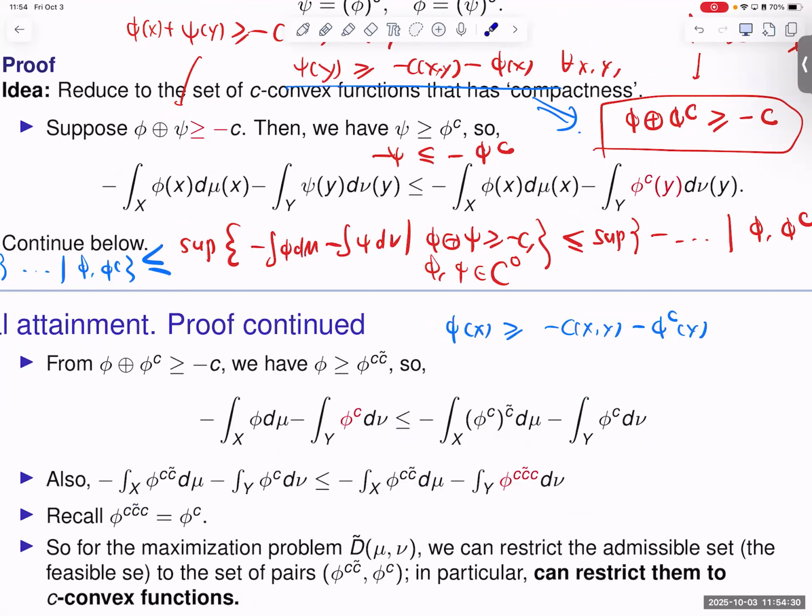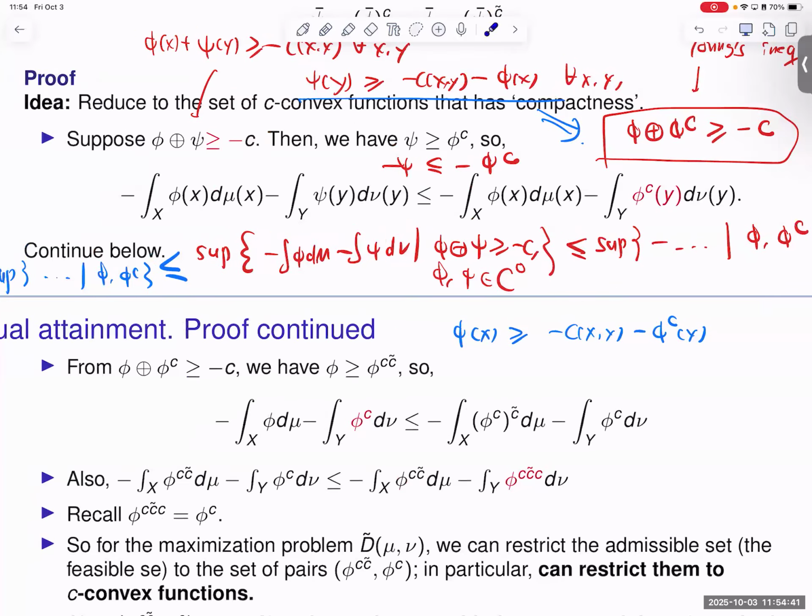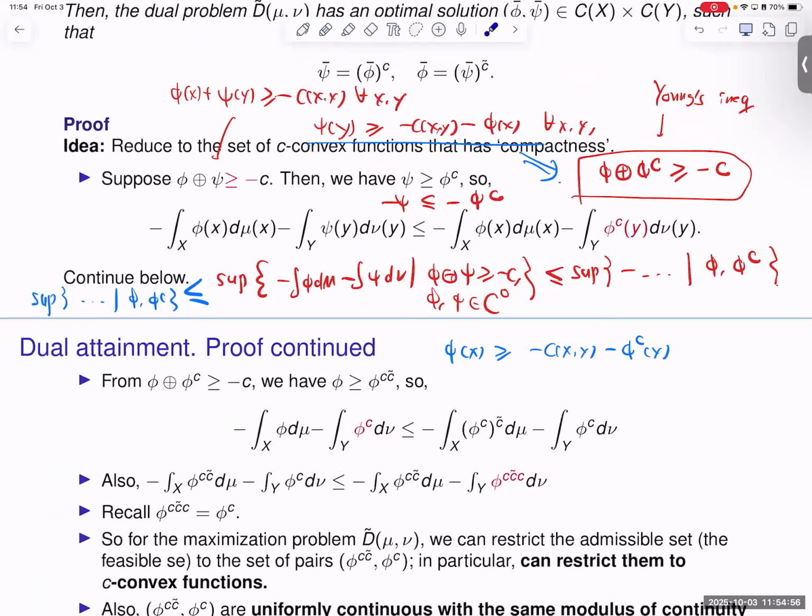They satisfy the constraint that their direct sum is bigger than or equal to negative c. Because of the same principle as before, the supremum taken over these more special pairs is the same as the supremum of the original problem. Am I making sense here? James, am I making sense here?